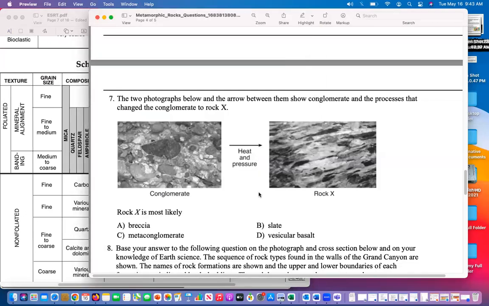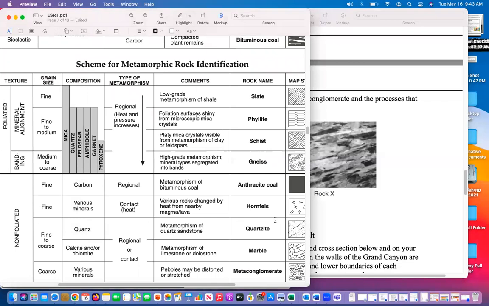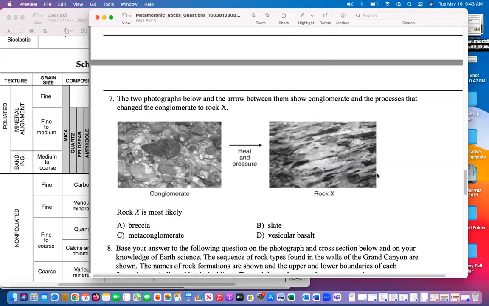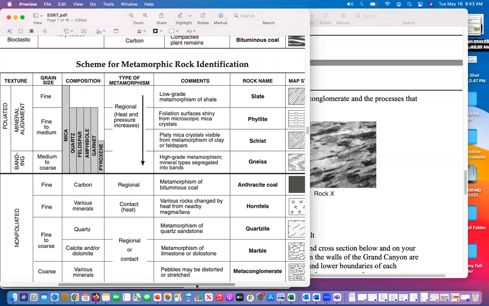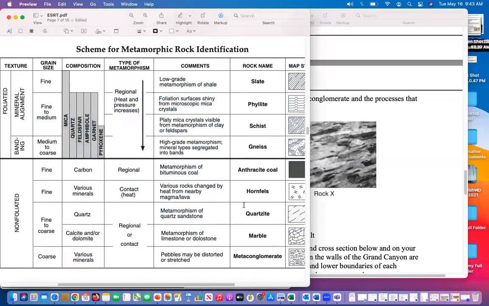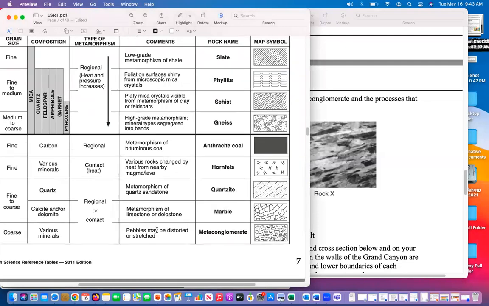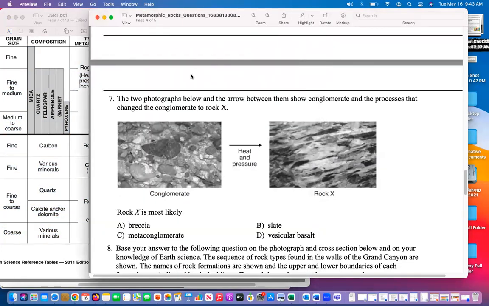So therefore, the metamorphic rock that shows that the pebbles and other fragments can be stretched out is metaconglomerate. Right here it says pebbles may be distorted or stretched. So therefore, metaconglomerate is the correct answer. And that's why it's choice C.